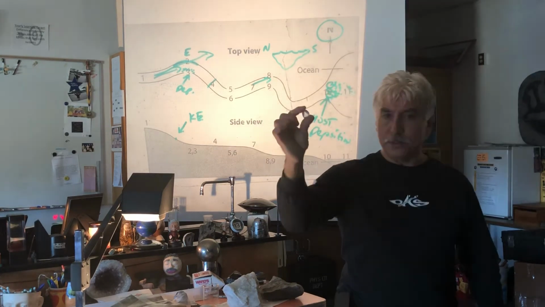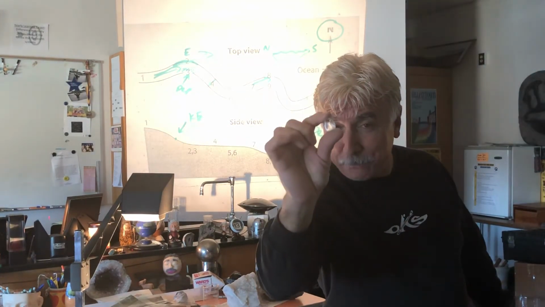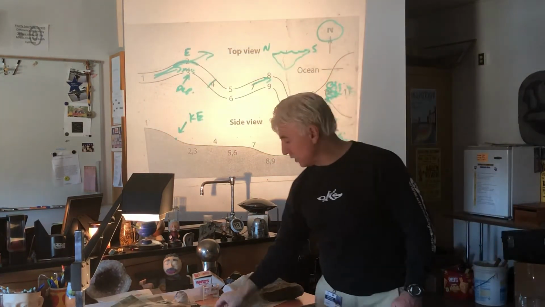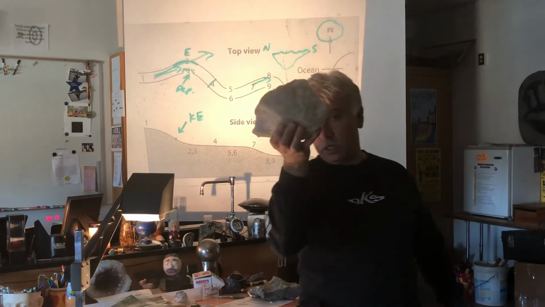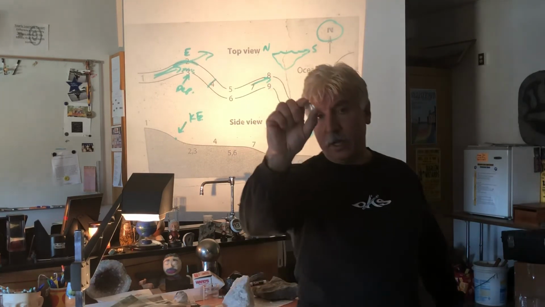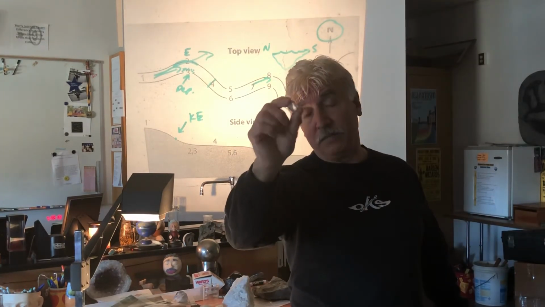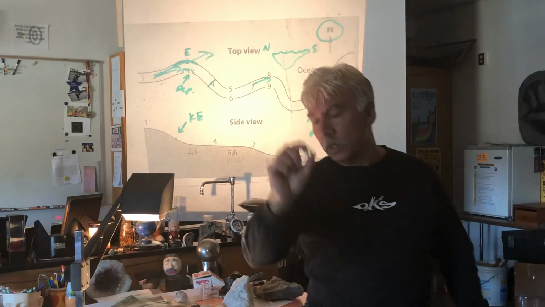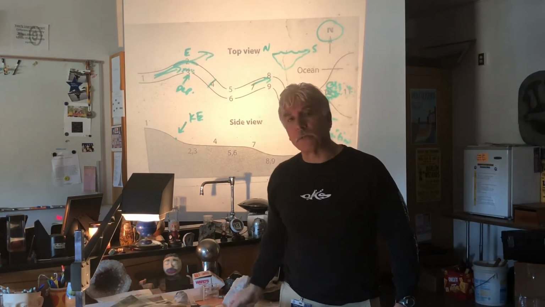So something that starts off very angular turns out to be smaller, rounder, and smoother. In this case, even clearer. That's not always true. Okay? And that's what happens to particles in the erosional system.